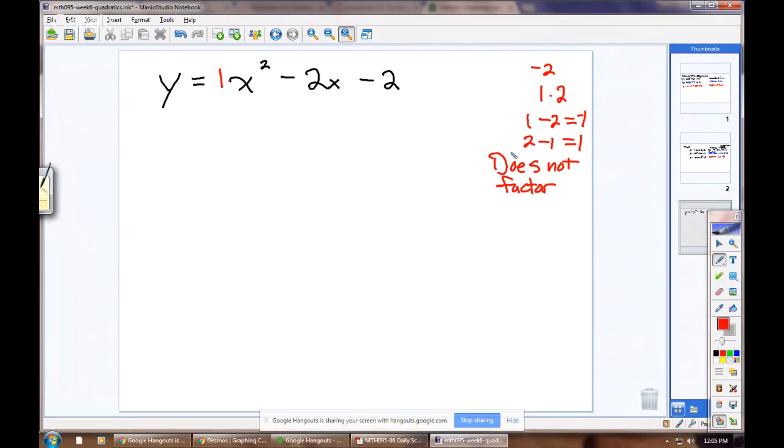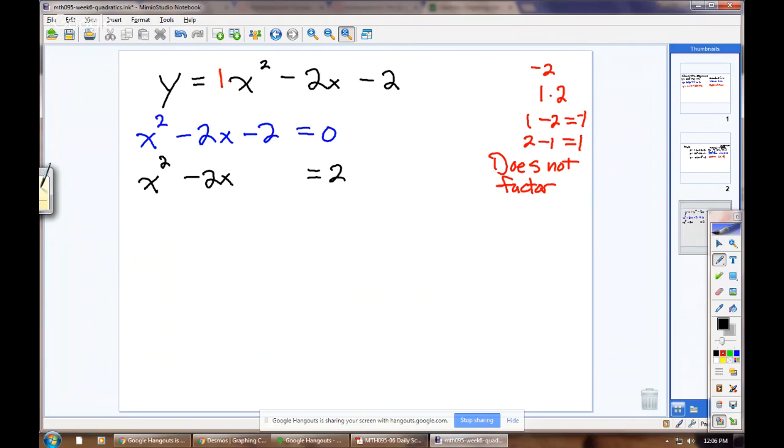So I could complete the square, which is my preference for solving this kind of thing. So suppose I'm trying to solve x squared minus 2x minus 2 equals 0. Completing the square, we would take this minus 2 over to the other side by adding it to each side. So that gives me x squared minus 2x equals 2.